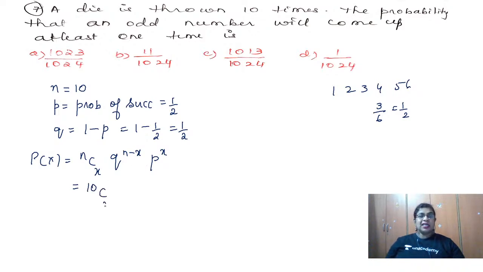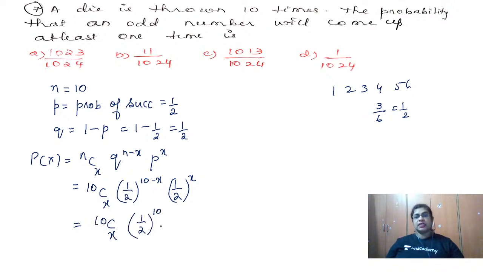So this is 10Cx, half to the power 10 minus x, half to the power x. Now, if the base is same, what is a to the power m into a to the power n? It is a to the power m plus n, isn't it? So it is 10Cx half to the power 10 minus x plus x. So x will get cancelled. So this is your P of x.